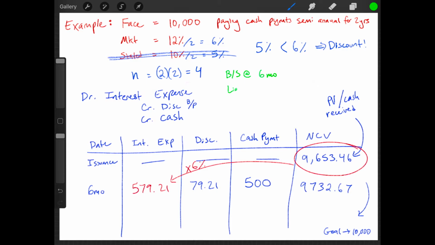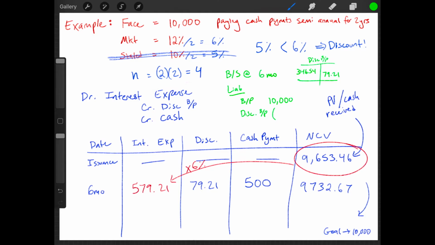Again, I think it's kind of helpful to visualize this on the balance sheet. So under our liability section, our bond payable would be at that face amount, and then we want to calculate our new balance in our discount on our bond payable account. And so to do so, I'm just going to go ahead and draw a T account kind of up in this blank right-hand corner spot here. So at issuance, we had a debit to this discount on our bond payable in an amount of $346.54.